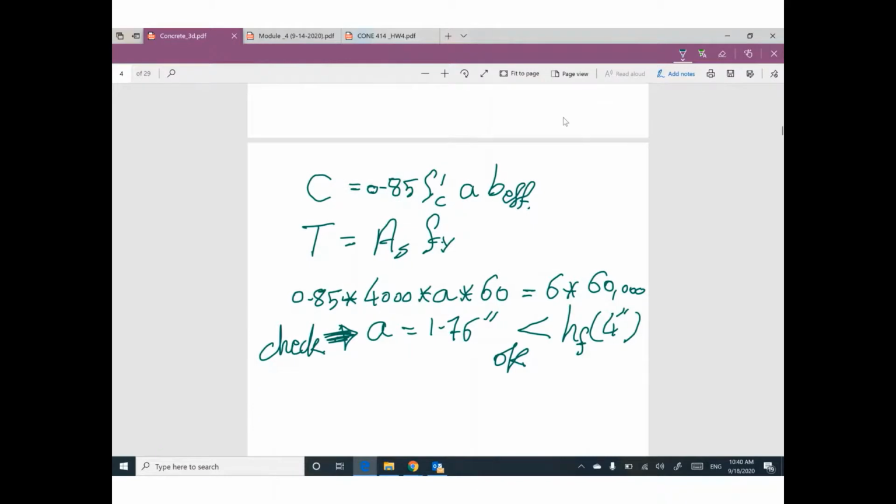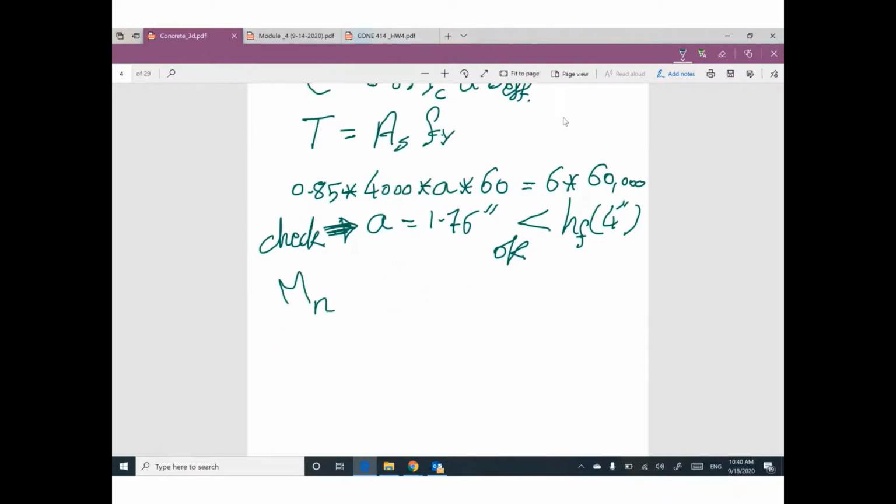Nominal moment equal. Before nominal moment, anybody can tell me what is the value of c? Do you remember we have a value of c, which is the actual depth of neutral axis, equal a divided by beta 1? Do you remember how we can figure out the value of beta 1?